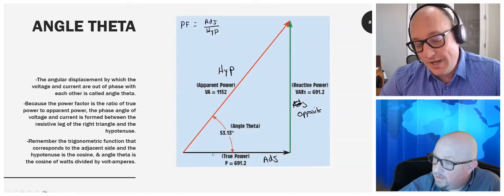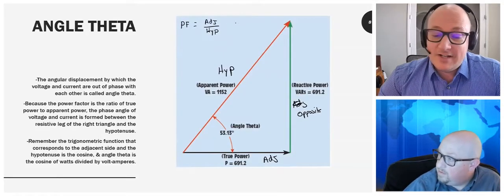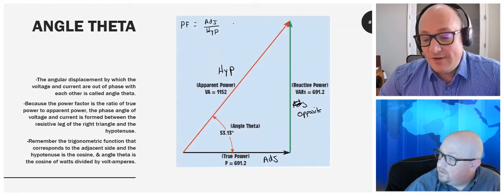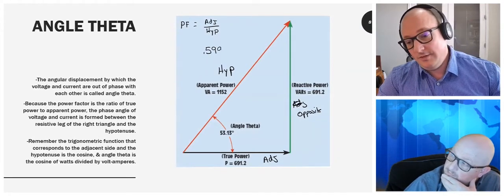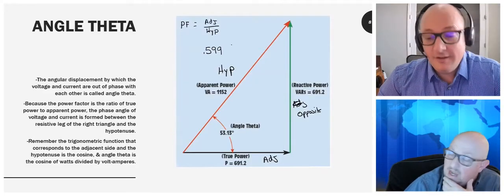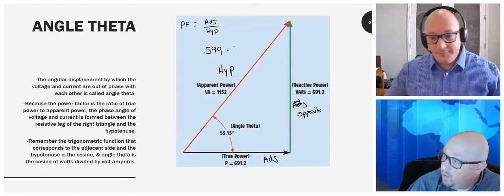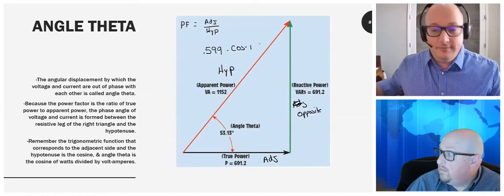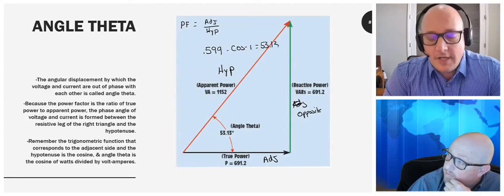How could we do that? We determined we've got a 59% power factor, so if I take the inverse cosine of 0.599, I find 53.13. I can double check that. I hit cosine minus 1, and that equals 53.13.